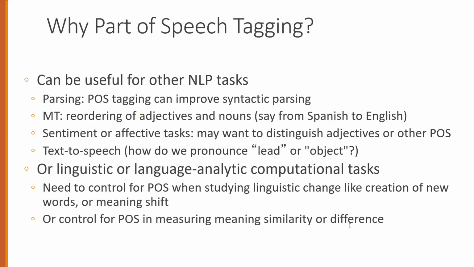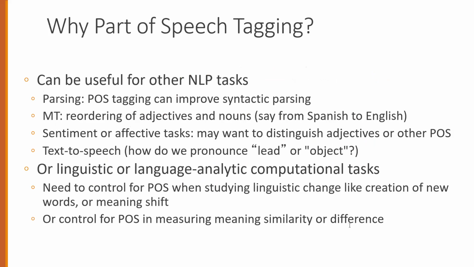So part of speech tagging is useful for NLP tasks, most notably for parsing, where it has long played a part, but also for machine translation, sentiment analysis, or even text-to-speech systems.